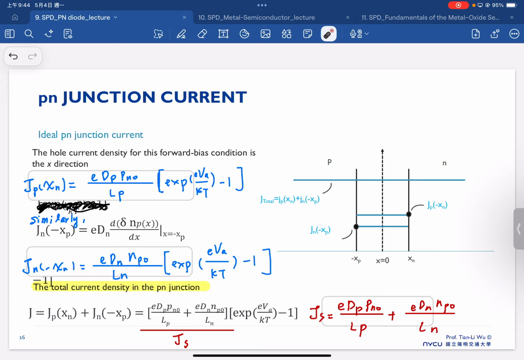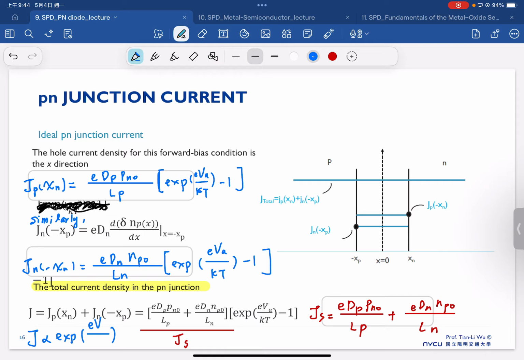So also from this equation we can realize that our current, our total PN junction current J is proportional to exponential eVa over kT minus 1.